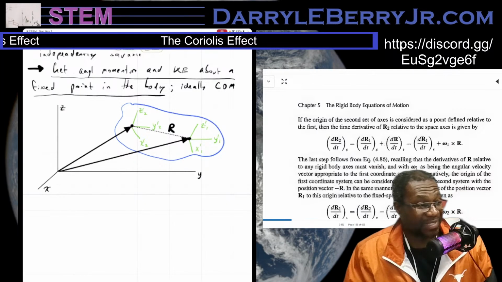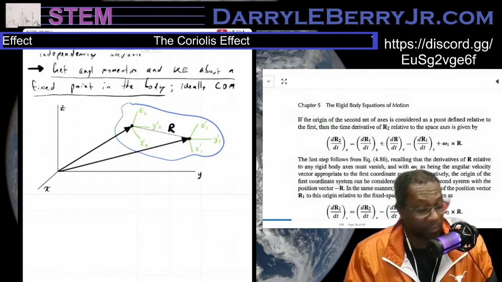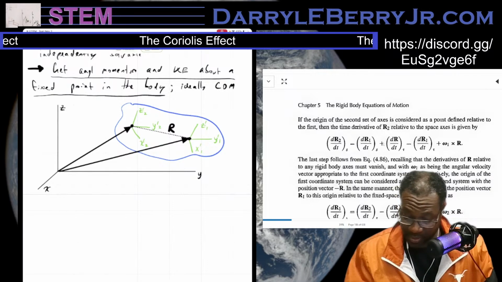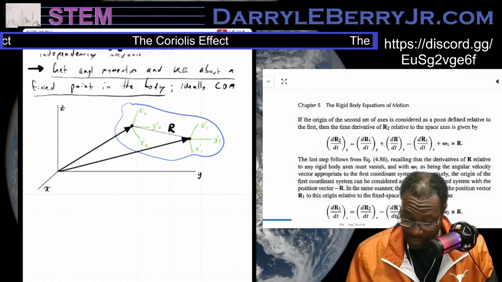If the origin of the second set of axes is considered, right, maybe I should draw these lines better.